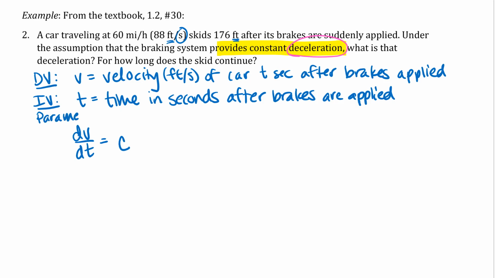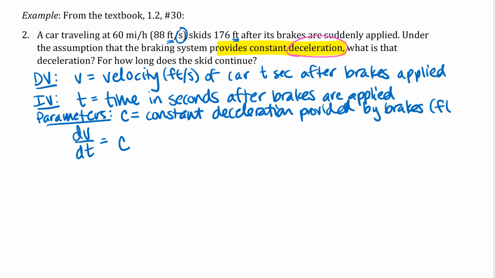That's a parameter. Notice I'm kind of going back and forth between writing the equation and then describing my variables, so that's a pretty common thing here. And the units on that would be in feet per second squared. So rate of change of velocity with respect to time, so feet per second, or feet per second squared. Alright, so there's our differential equation.